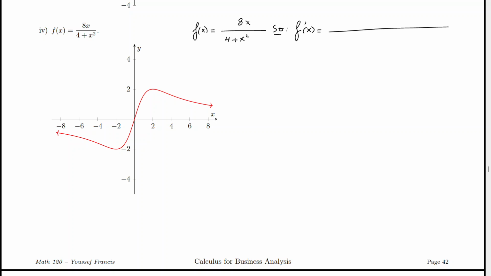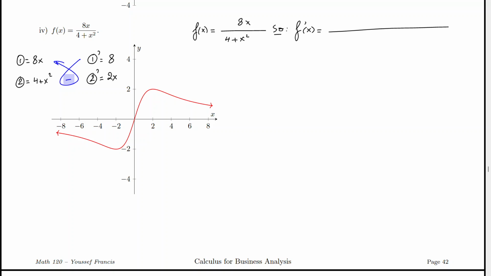So I'll write the details here one final time. The numerator is 8x. The denominator in this problem is 4 plus x squared. The derivative of the numerator is simply 8, and the derivative of the denominator, the derivative of 4 plus x squared, is 2x. Because I'm doing a quotient rule, I'm supposed to multiply the corners and subtract along the way, and then square the denominator.